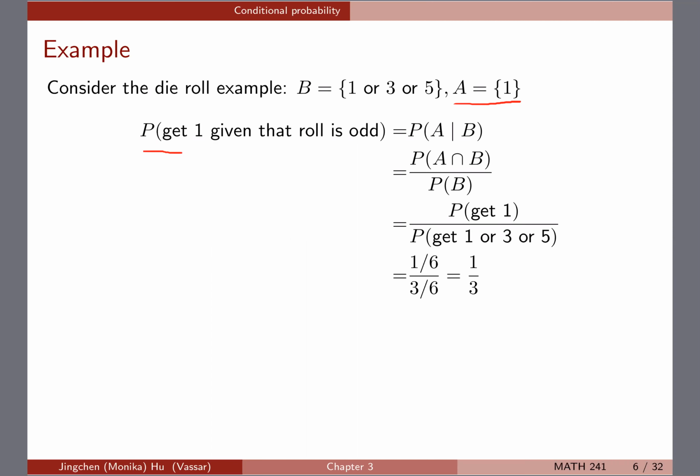So the probability of getting 1 given that the roll is odd is just the conditional probability of A given B. Applying the formula that we covered earlier, it's going to be the probability of A and B over the probability of B, which will be 1/6 to get A and B, because A and B will just be A itself. And then to get B, we know that it's an odd number, so we have 3 out of 6 choices. So 1/6 over 3/6 gives you 1/3, which is the conditional probability that we came up with earlier through intuition as well.